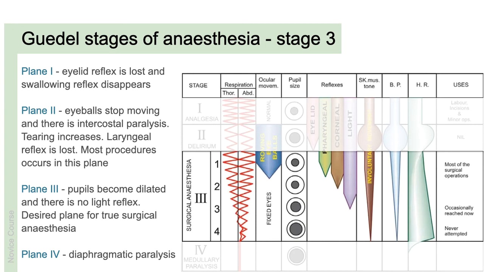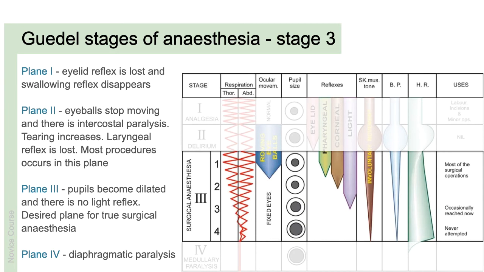Now, looking at these Guedel stages of anaesthesia, we've spoken about stage 1, 2, and stage 3, with a side mention of stage 4. I've said that stage 1 is where you would consider bringing a patient out of the anaesthesia, where you would think about extubating a patient, where they will probably be able to demonstrate the characteristics I spoke about with consciousness, being able to follow commands, having higher cortical functions, and having intact brainstem activity.